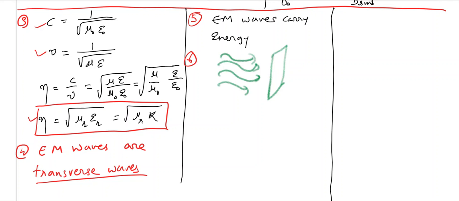We know that the energy carried, if it is say delta U, then delta U by c is equal to delta P. What is delta P? Delta P is the momentum gained by any surface.